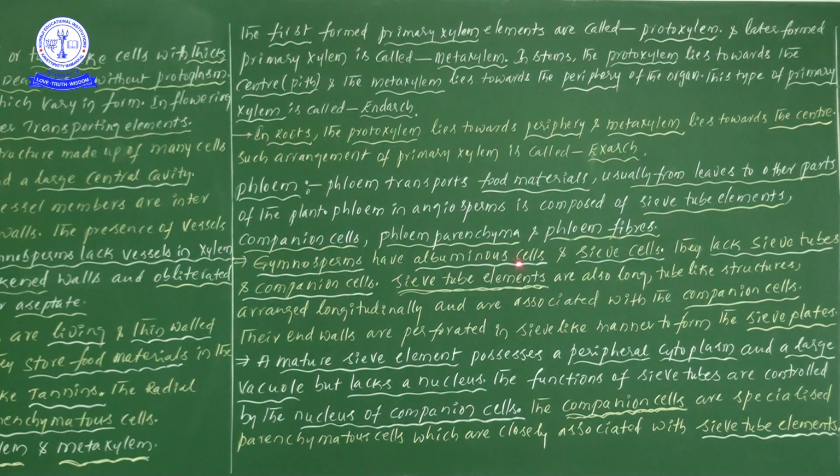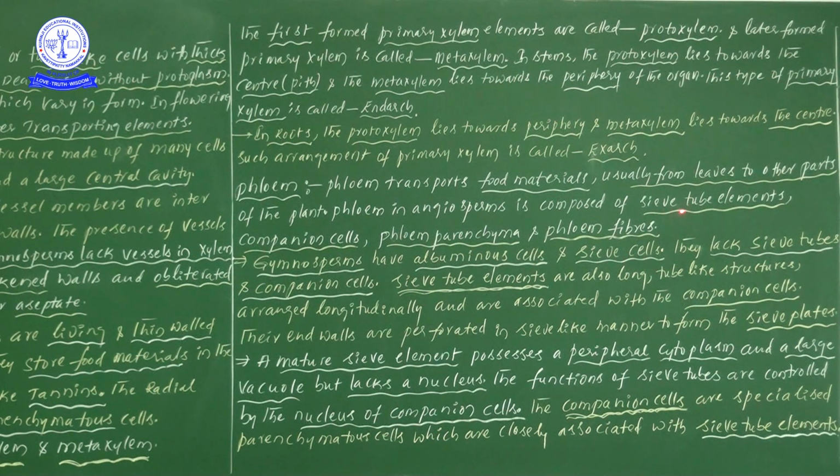Gymnosperms have albuminous cells and sieve cells. Whether you memorize it or not, whatever mode you follow, we should not forget these points. Sieve tube elements are there in angiosperms, but in gymnosperms, sieve cells are there.